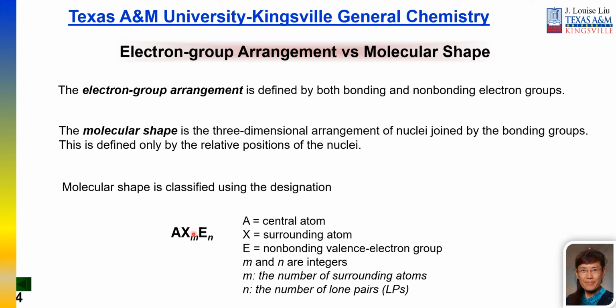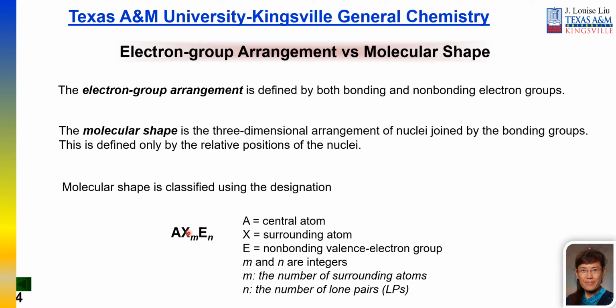You have your molecular formula, and you learn another one called the VSEPR formula. In your VSEPR formula, you put your central element in the front, followed by X, the surrounding element, and you also identify the number of lone pairs, or the number of non-bonding valence electrons, usually representing lone pairs.